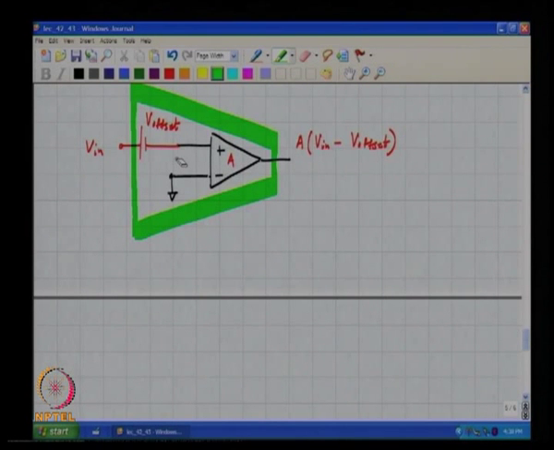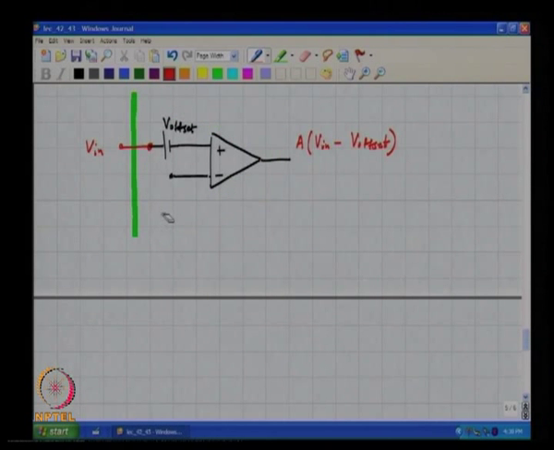Just to make sure that there is no confusion, let me draw the offset also in black. Okay, so the accessible terminals are all drawn in red, and the inaccessible part is drawn in black.